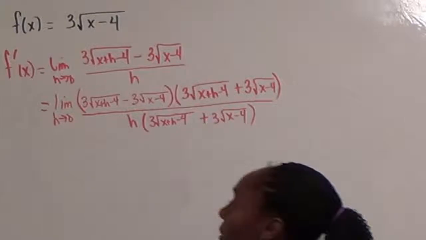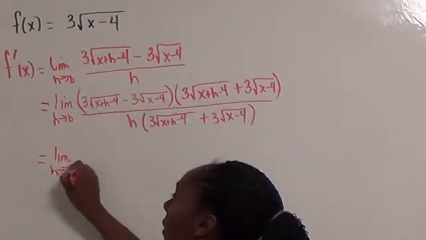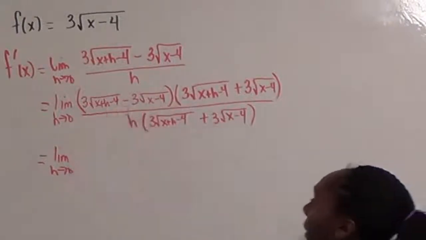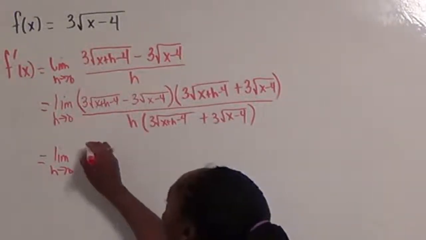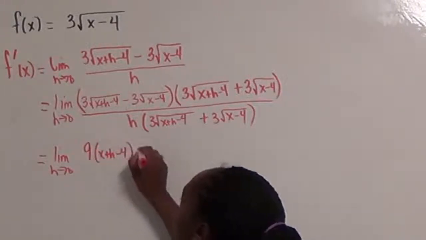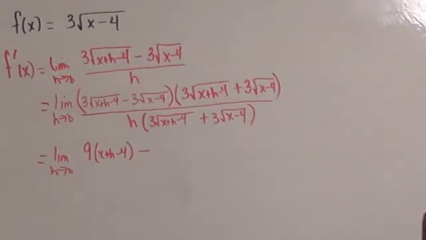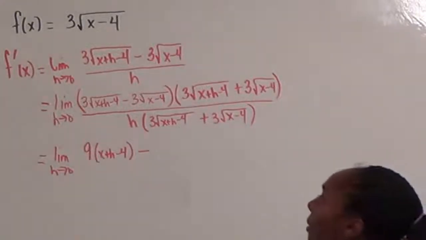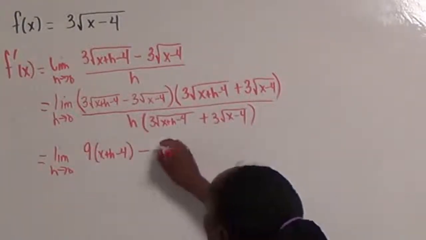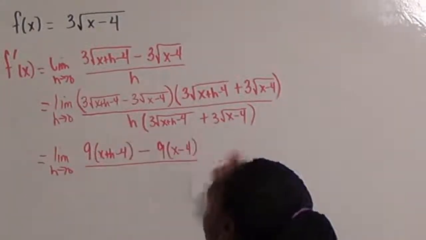So this is where your FOIL comes back in. So I'll limit as h goes to 0. I'm going to go ahead and multiply that across. So we'll get a 9x plus h minus 4 minus that middle term plus the middle term. Those middle terms will cancel out. So I'll get a minus a 9x minus 4. All over that denominator.